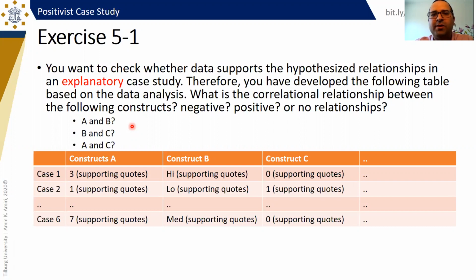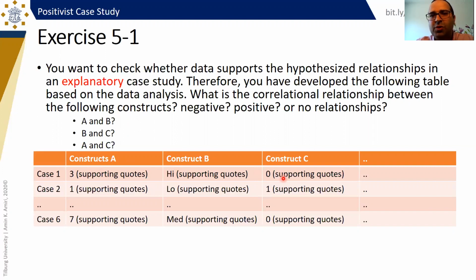Okay, who wants to answer this? What is the relationship between A and B? Does the data say the relationship is positive or negative? Anyone? Okay, here you don't see any relationship in my opinion. How about B and C?